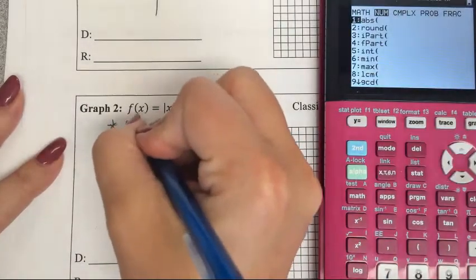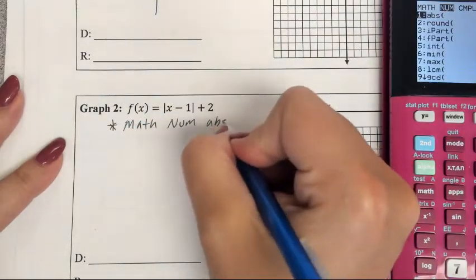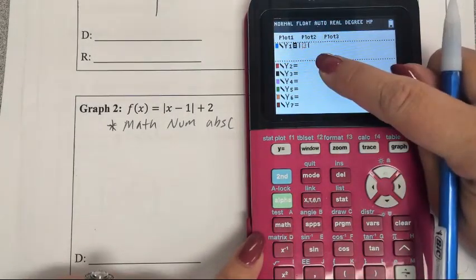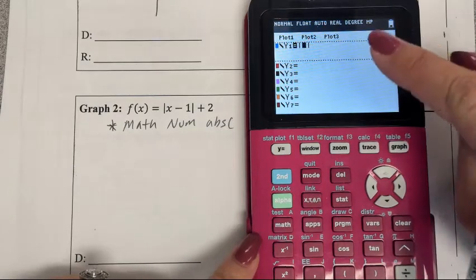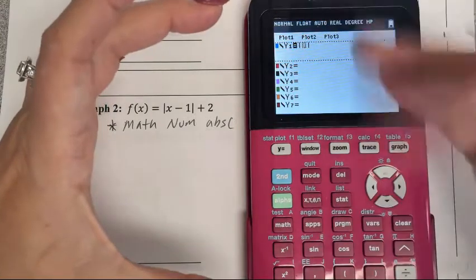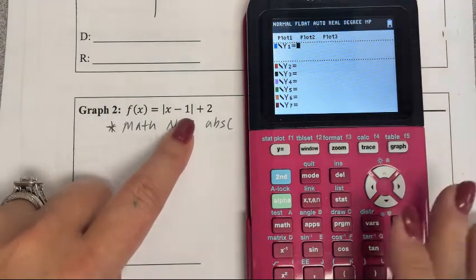So I'm going to write that here: math, num, ABS, and then that would place absolute value bars in your Y equals. If you have an older calculator, it might say ABS and then have the beginning of parentheses, and you'll just need to close your parentheses where the last absolute value bar would be.